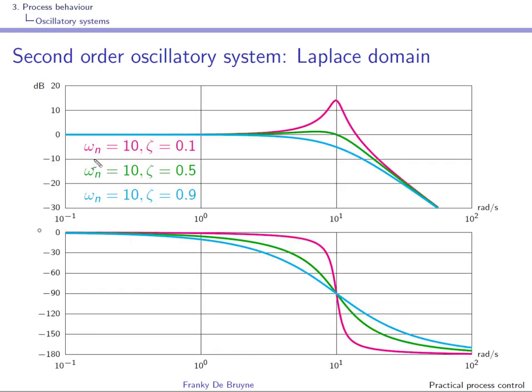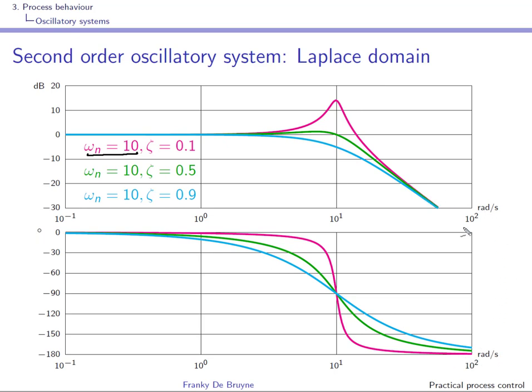You can see here that at the low frequencies the gain is 1, so 0 dB, and the phase shift approximately 0 degrees. At the high frequencies, so high with respect to the natural frequency here, that is 10 radians per second, well, at the high frequencies we have a phase shift that is tending to minus 180 degrees, right?